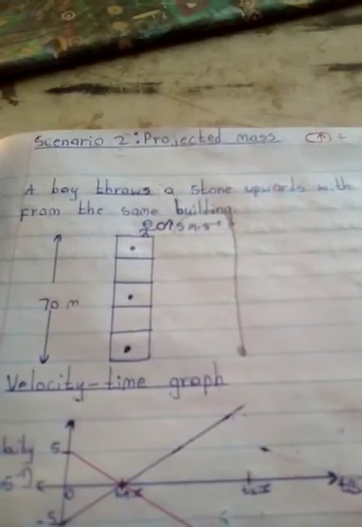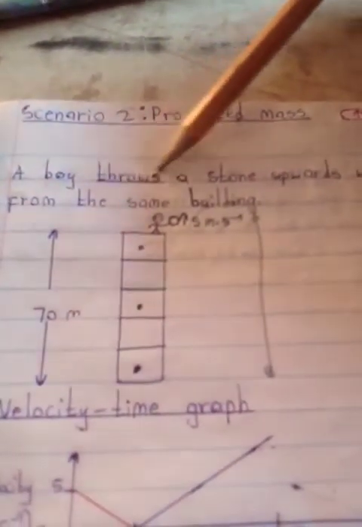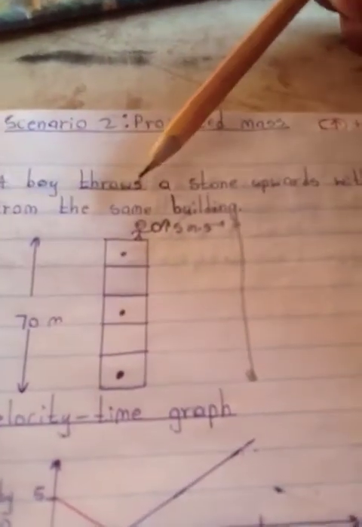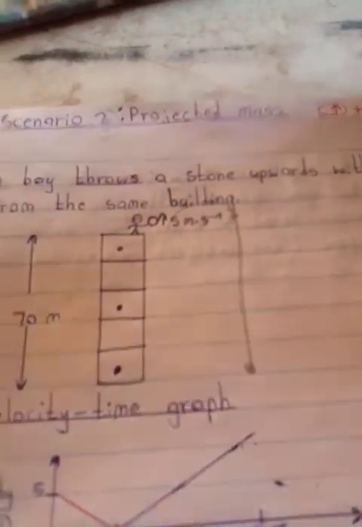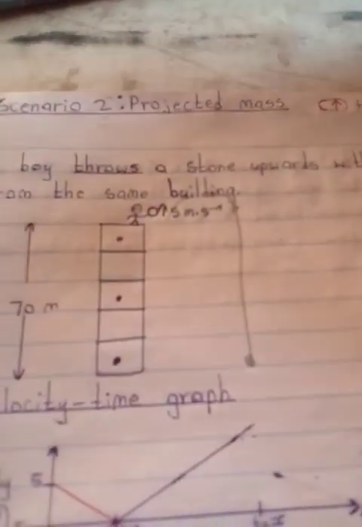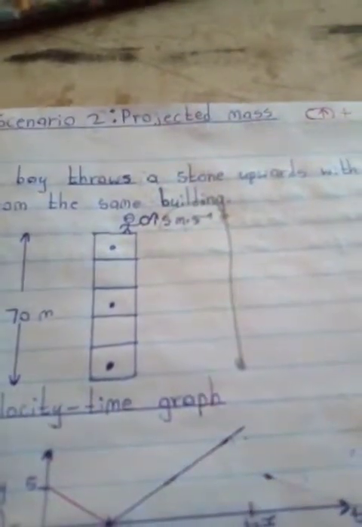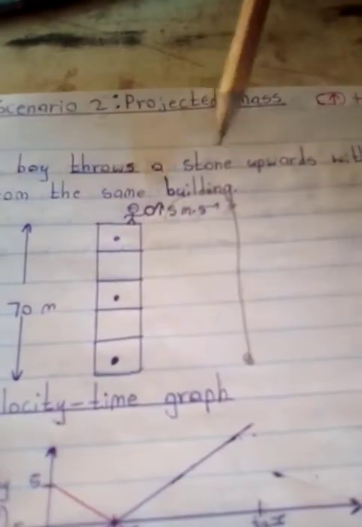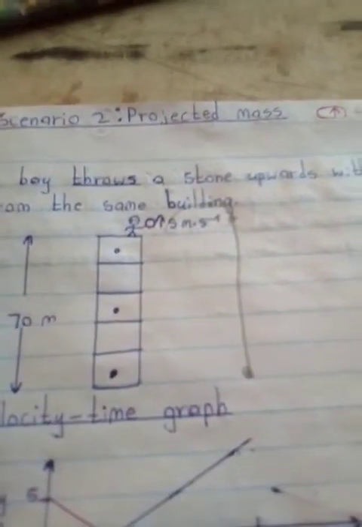And let's look here. We have a boy throws. You see, I underlined the word throws. Once you see the word throws or projected or something like that, just know that the initial velocity is not zero.